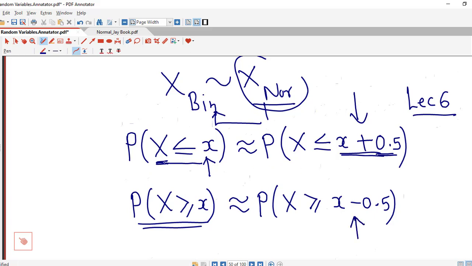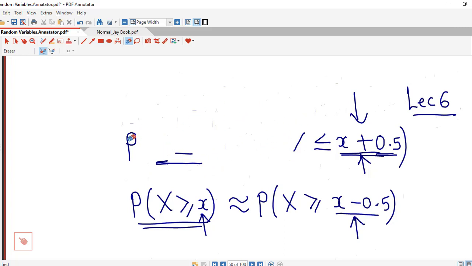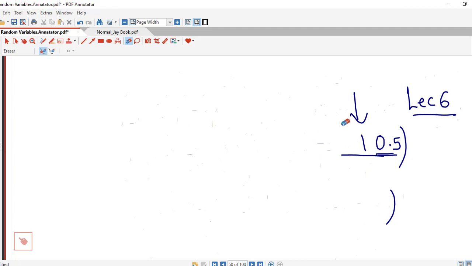If I have capital X less than or equal to small x, I will add 0.5 to this value of x. If I have capital X greater than or equal to small x, I will subtract 0.5 from x. So with this in mind, we are able to do this question which was asked in GTU exam.